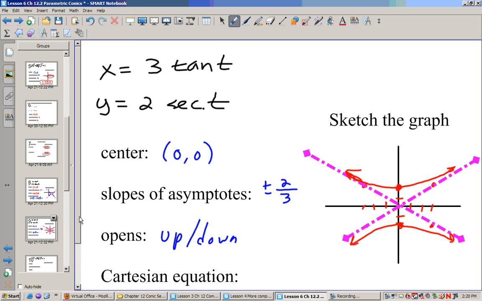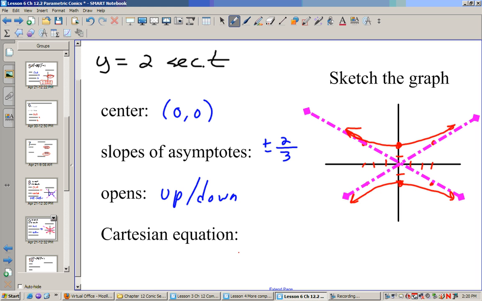There we go. Now if we want to make the Cartesian equation, it'd just be x over how far we moved in that direction, which is 3 squared. And that would be a negative, and our y would be positive, and it would be y over 2 squared equals 1.